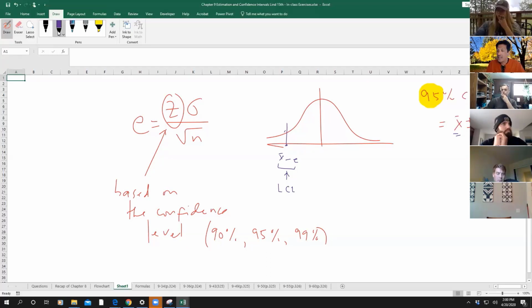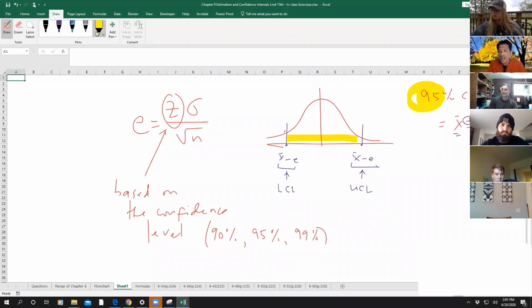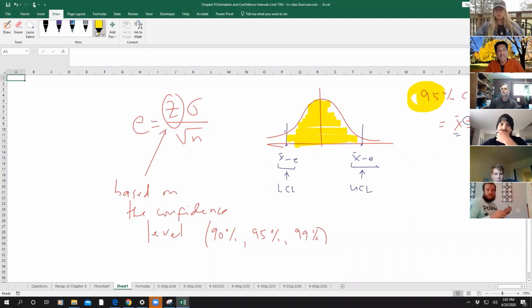When we add the margin of error to X bar, we obtain what is known as the upper confidence limit. This 95% that you're seeing here is actually the area bounded by the upper limit and the lower confidence limit.